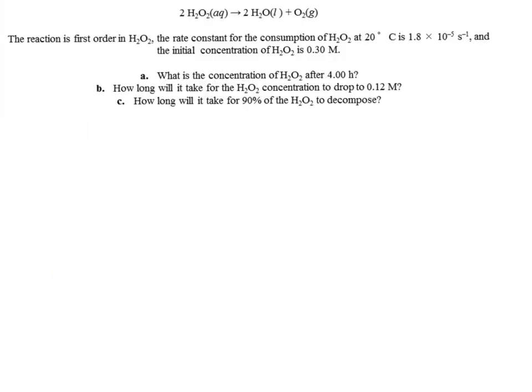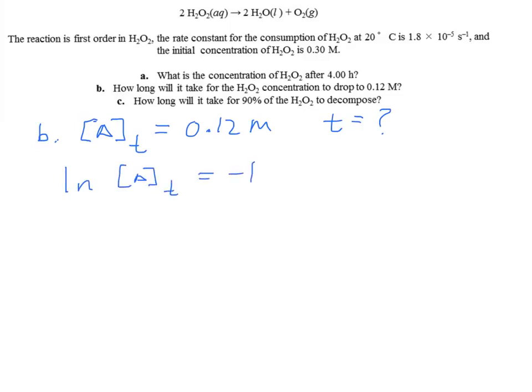Let's try B here. B says, how long will it take for the hydrogen peroxide concentration to drop to 0.12 molar? So this time, they've given me A sub t, and they're wanting me to solve for a time. So I've got my natural log of A sub t equals the opposite of kt plus the natural log of A sub 0.